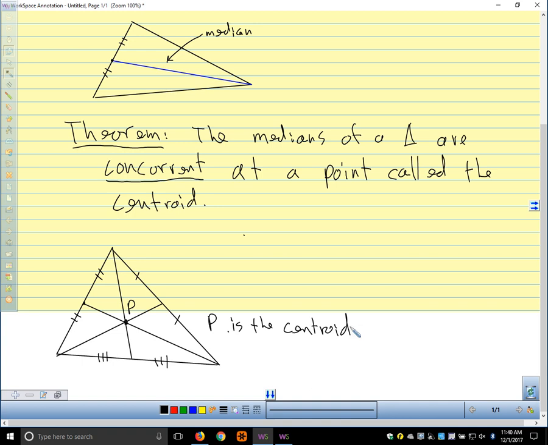The centroid is 2/3 of the distance from the vertex to the opposite side.